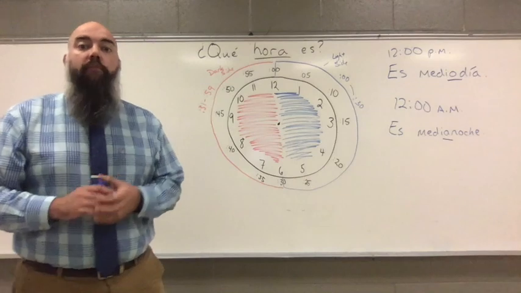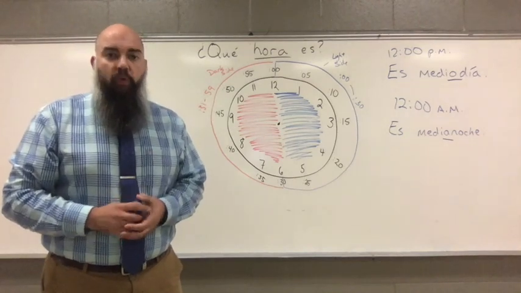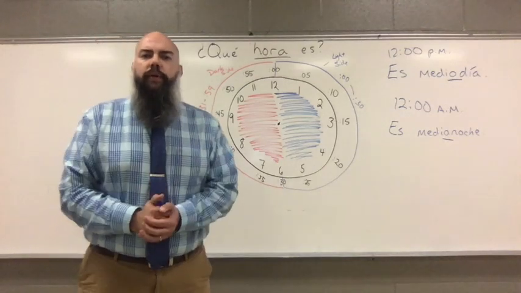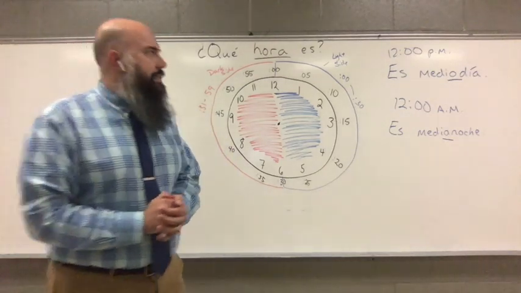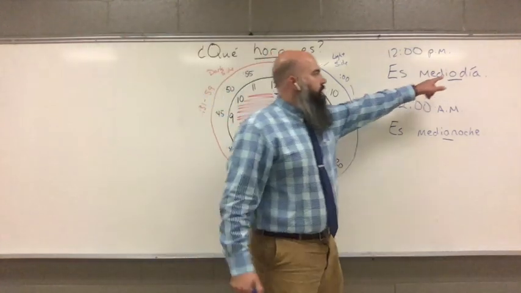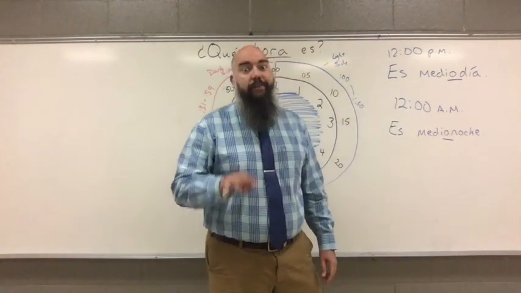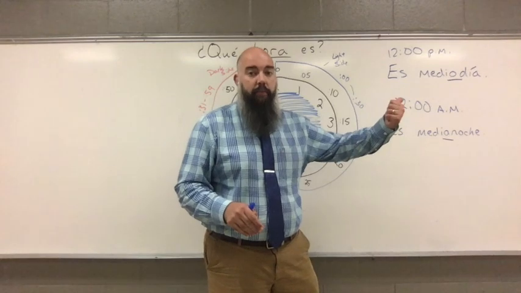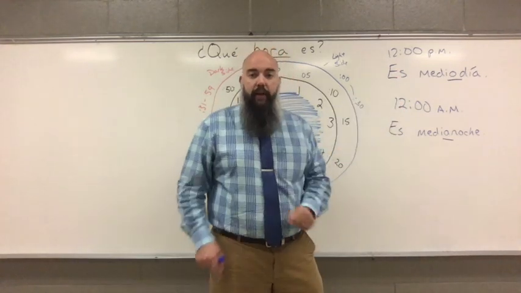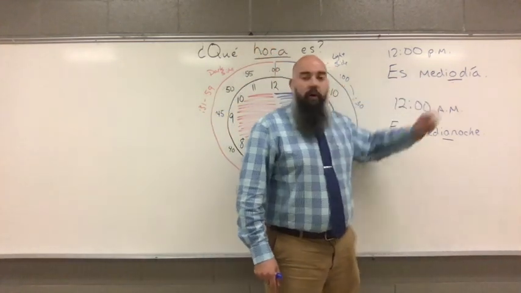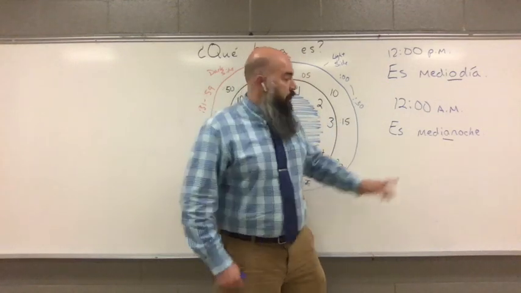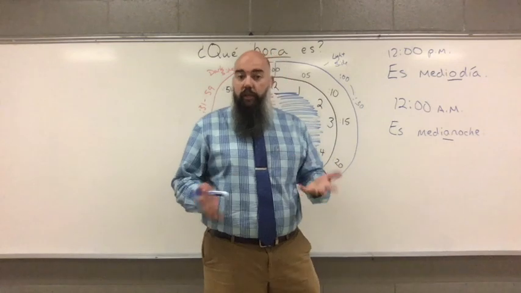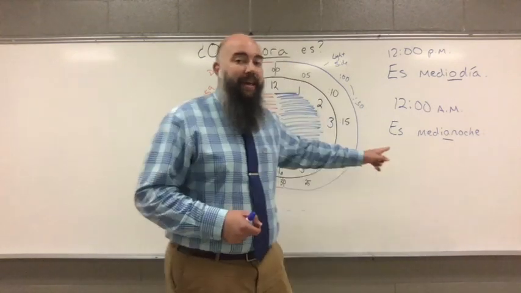That's because of gender. We've talked about gender before, and we're going to get further and further into gender as we continue through this year. But día is a masculine word, even though it ends in an A. It's a weird one. I know there are some weird ones out there. Día happens to be one of them. But día is masculine. That's why the word has to be medio. And noche is feminine, as we've learned before. That's why it's media noche.